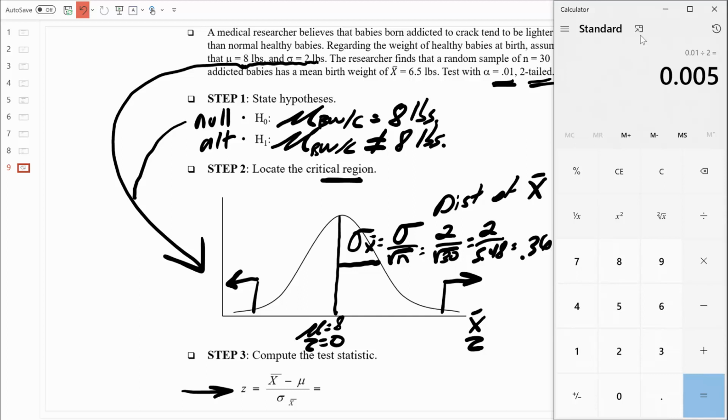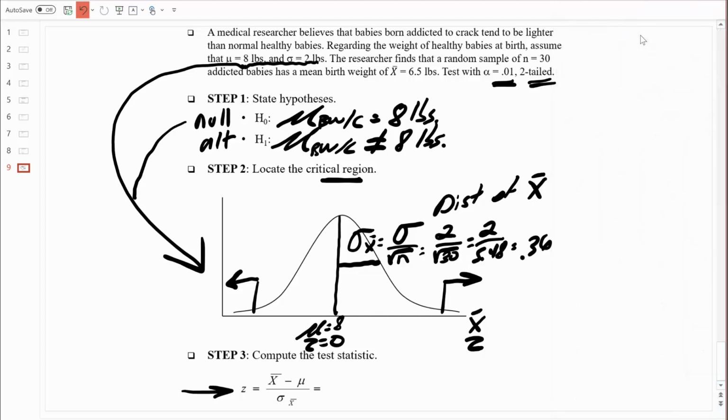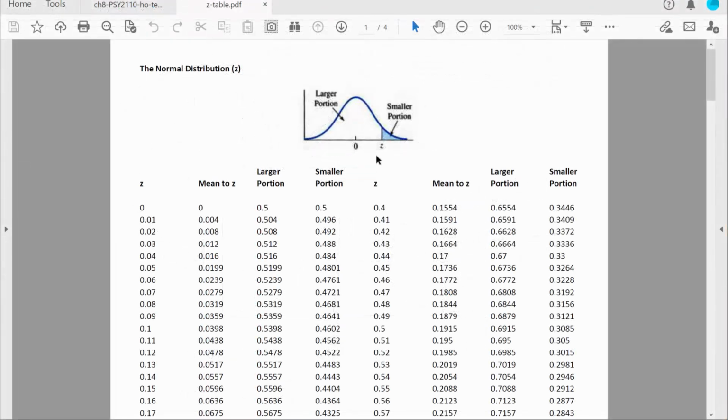That's what we want to look up: the proportion of area in the tail equal to 0.005. That's 0.5%. I know I've mentioned before, some of you can see that very easily in your heads, other people can't. So we're looking for 0.5% in this smaller portion in the tail, 0.005 in the smaller portion.